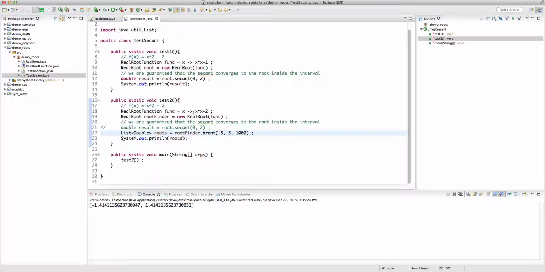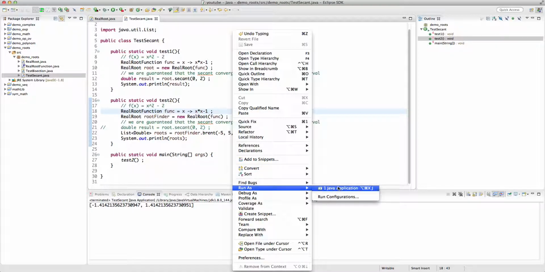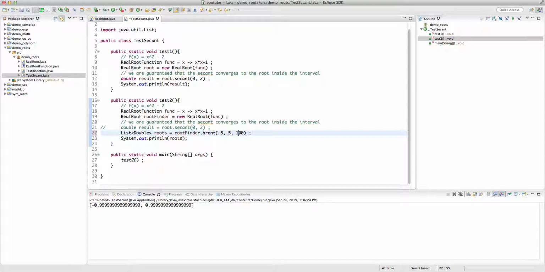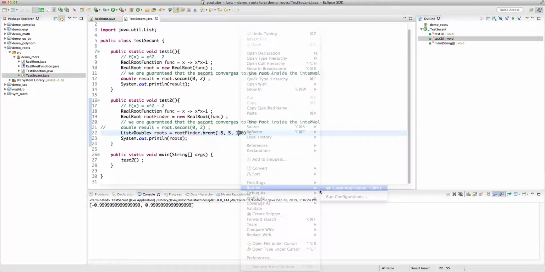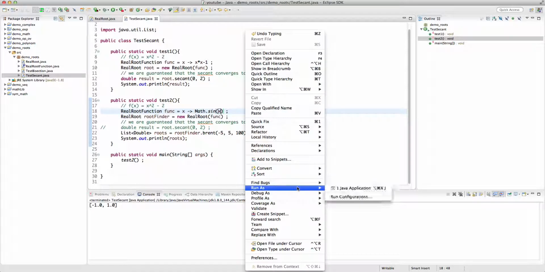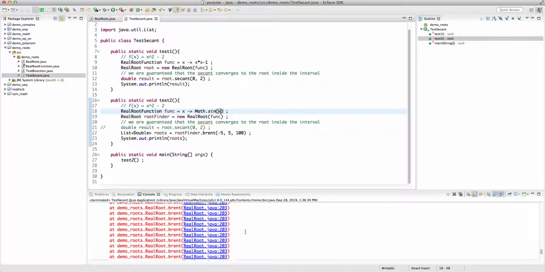So let's try other functions. For example, x squared minus 1. Okay. I think 100 points is still fine. Let's try math.sine of x. It fails.